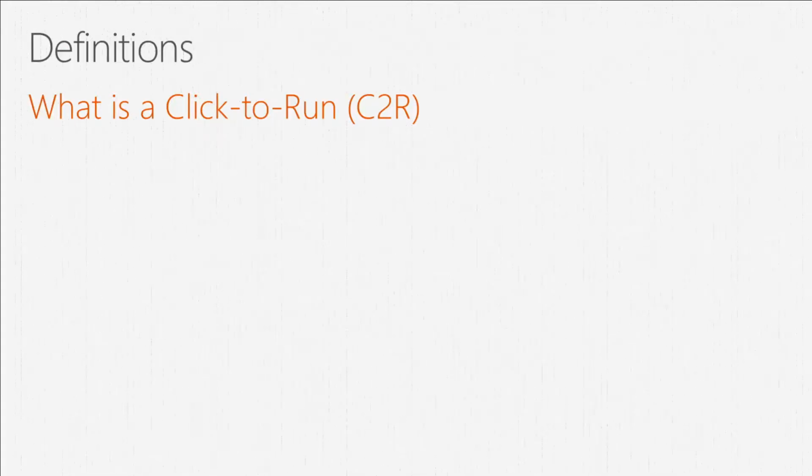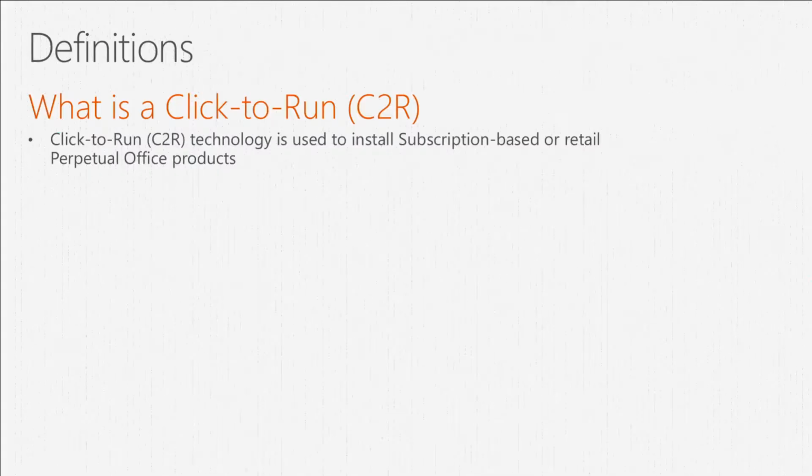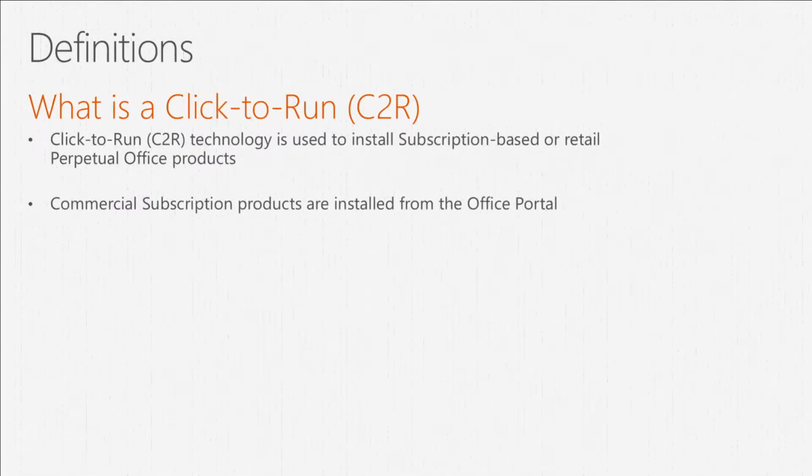For those of you that may not be totally familiar with Click-to-Run, I just wanted to give a 30-second overview and then jump into the content. Click-to-Run technology is, of course, used by the subscription-based or retail perpetual-based installation for Office.